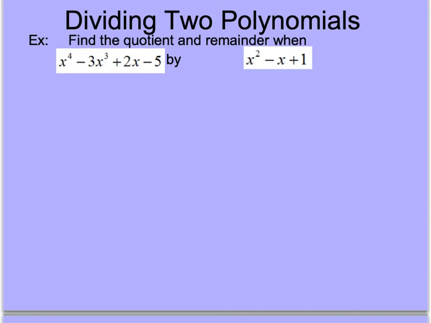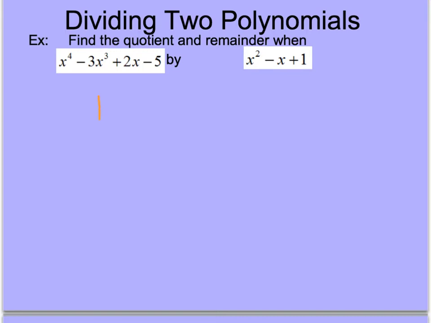Okay, so here's one more example for us. And first of all, we need to make sure that this is in order from greatest exponent to least exponent. It is. And the one thing we want to notice is this goes 4, 3, and it skips x squared. So when we set our problem up, we're going to need to leave a space for that term.